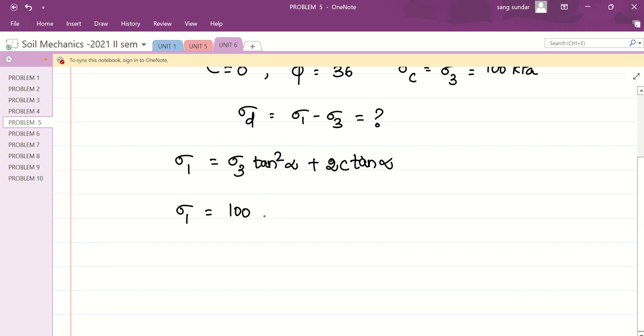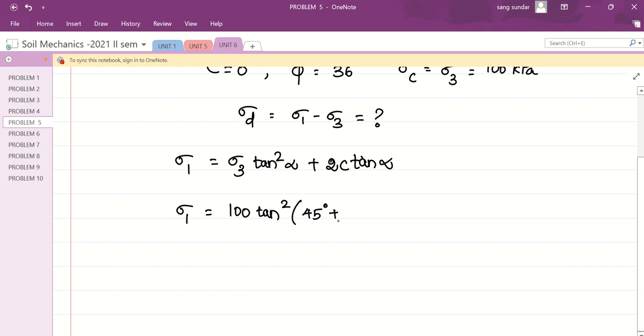And tan square alpha. So we know the phi value is 36 degrees. We can even substitute it here. Tan square 45 degrees plus phi by 2.